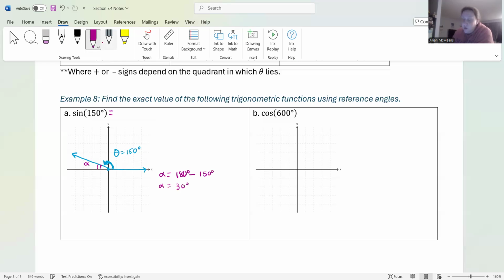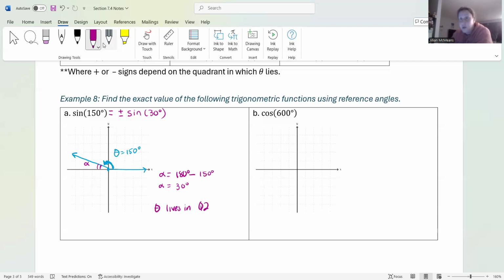So over here, we can say that sine of 150 degrees is equal to plus or minus sine of 30 degrees. And that plus or minus all depends on where the terminal side of this angle lives and what the function is in that particular quadrant. So in this case, theta lives in Q2, quadrant 2.